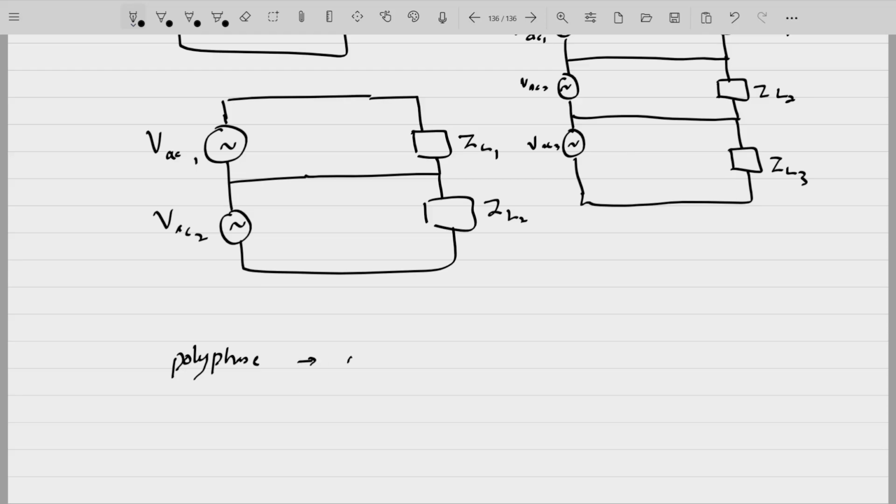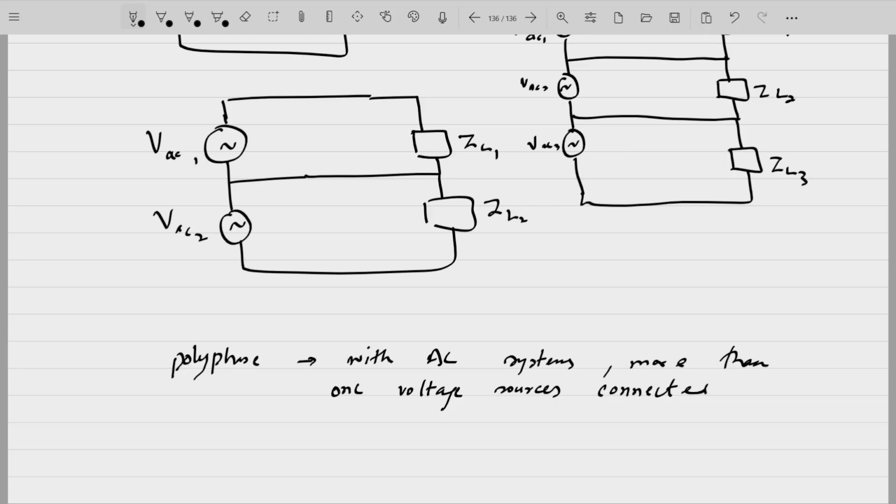With AC systems, what we can have is a number of voltage sources.